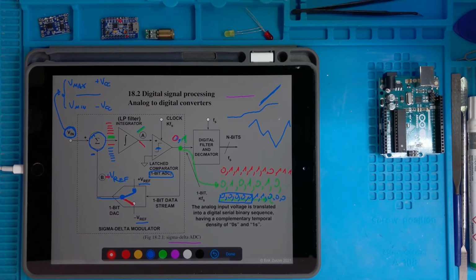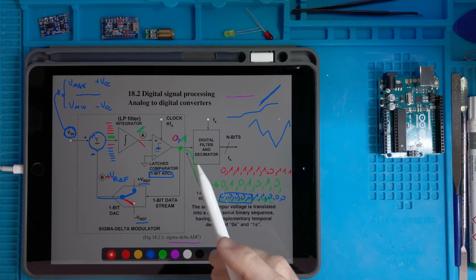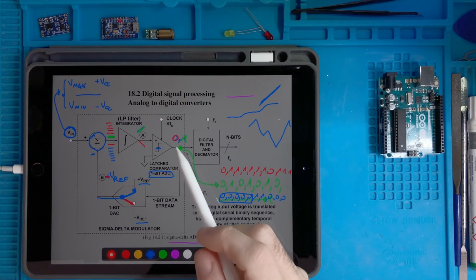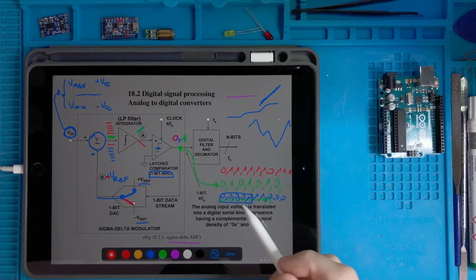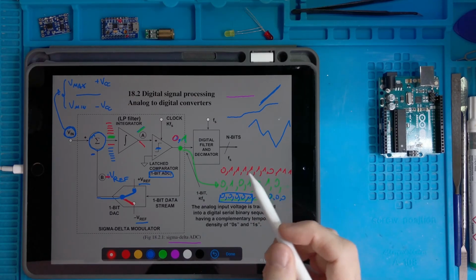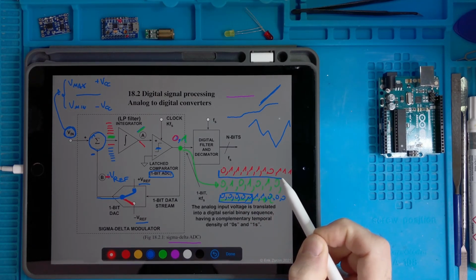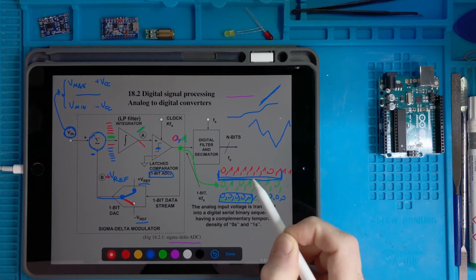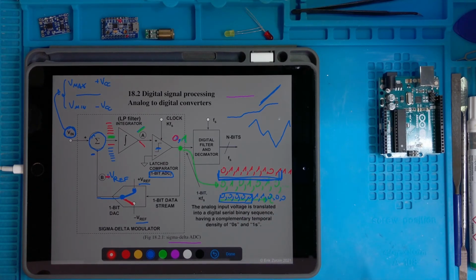So we don't have to build an enormous number of ADCs; we can just build one but fast, and then we can still digitize a signal with very high accuracy. In order to have the value of the signal, we have to wait a certain amount of time, which is the time for decoding this serial sequence.